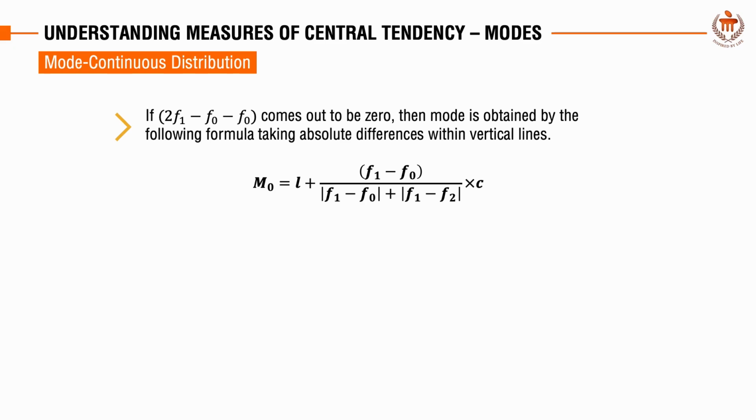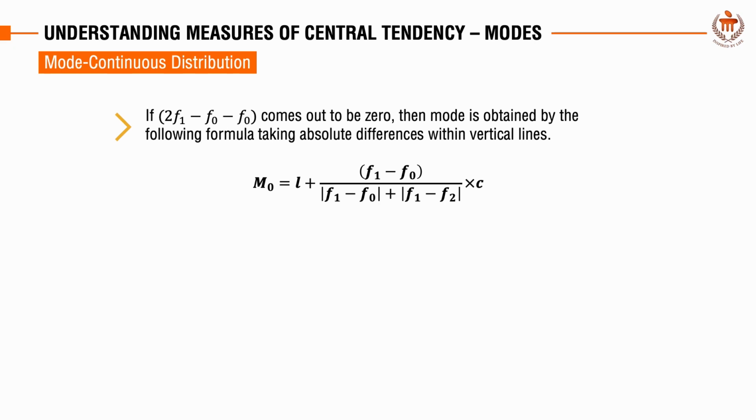If by doing this calculation, F1 minus F0 or F1 minus F2 comes to 0, then we calculate the mode by another formula, which you can see on your screen, where we'll use the logic of modulus, because whenever we apply the modulus function, the output is always positive. Please remember, in this scenario you apply the mode using this formula as visualized on your screen.